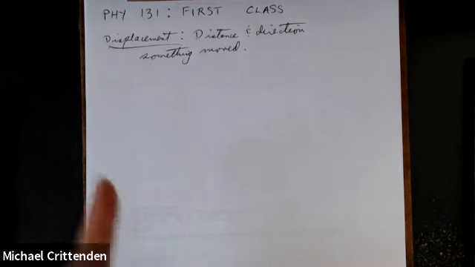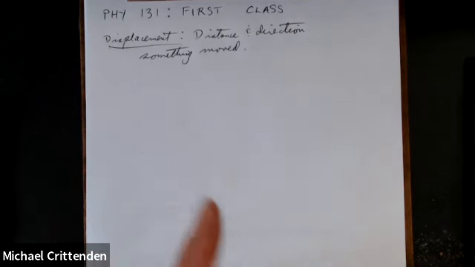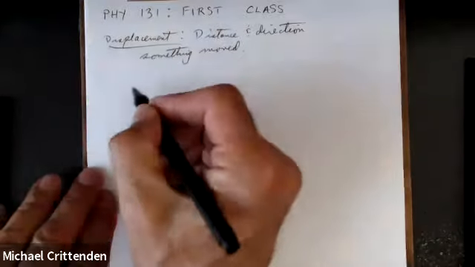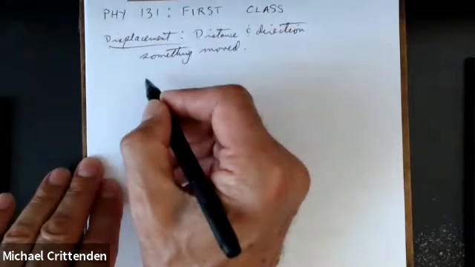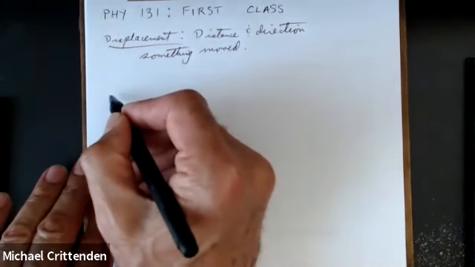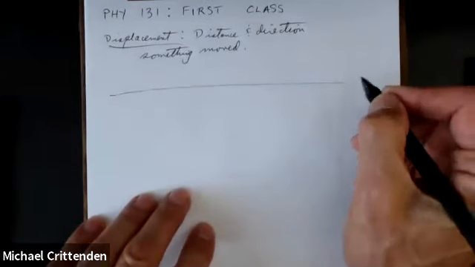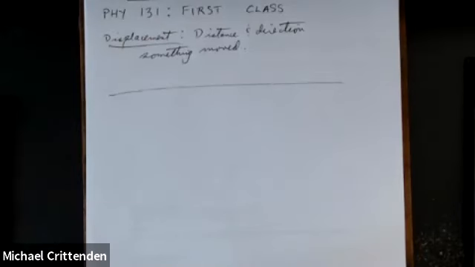Anyhow, displacement: distance and direction that something moved. So I said for the time being that we're considering something moving along a straight line. So here is the straight line. This could be some highway like the thruway, except the real thruway has curves and hills and things like that in it that complicate things a little bit.